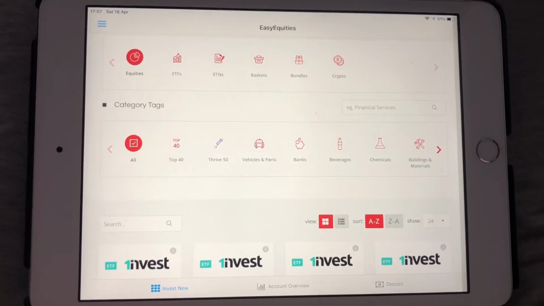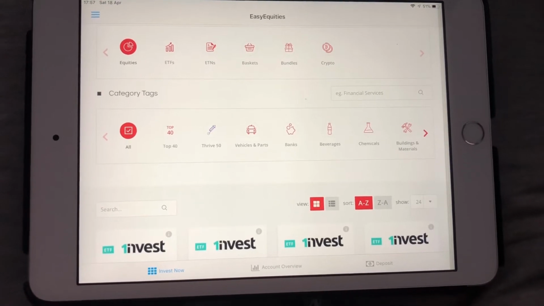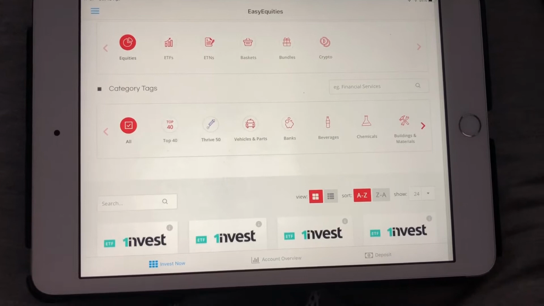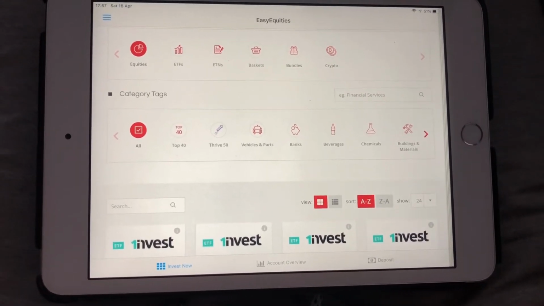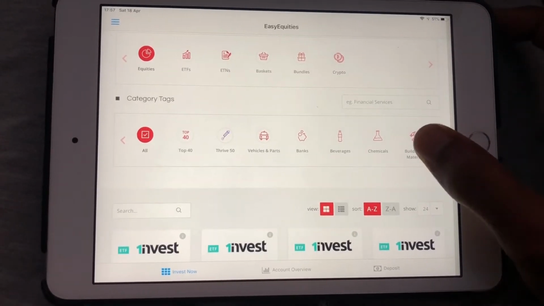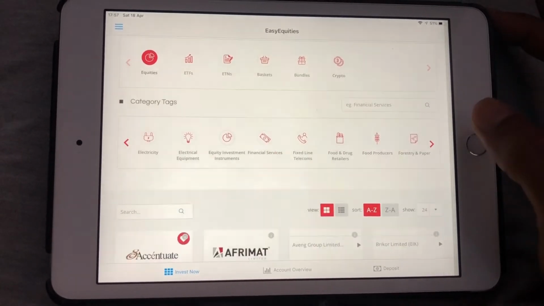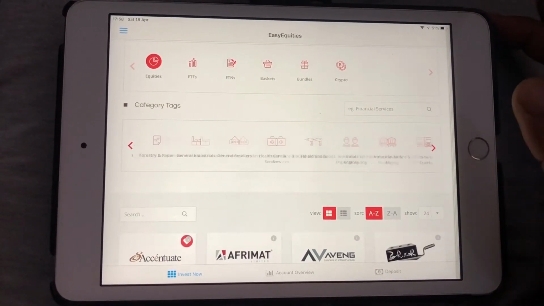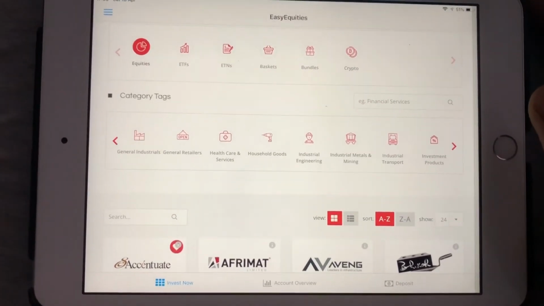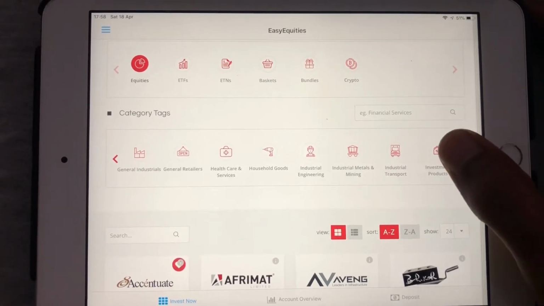You can see there's category tags up there. So this is what I was talking about. We have top 40, Thrive 50, then there's vehicle parts, banks, beverages, chemicals, building and material, electricity. So there's a whole lot of different categories that you can choose from depending on what you know and the research that you do for yourself. Because the more you know of these categories, the better, so you can diversify properly.